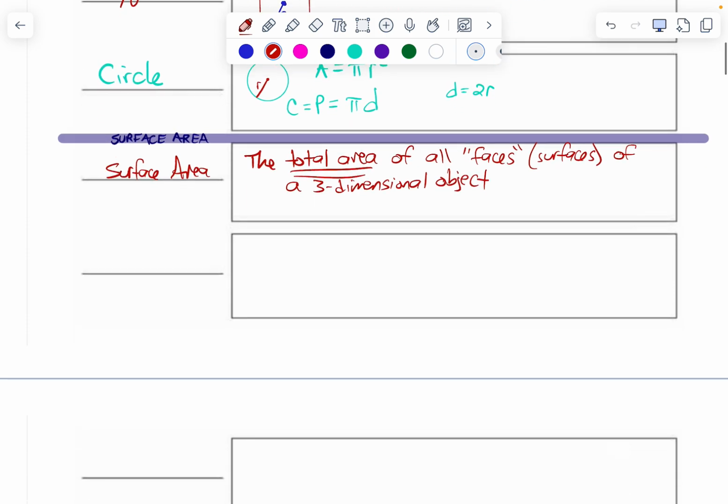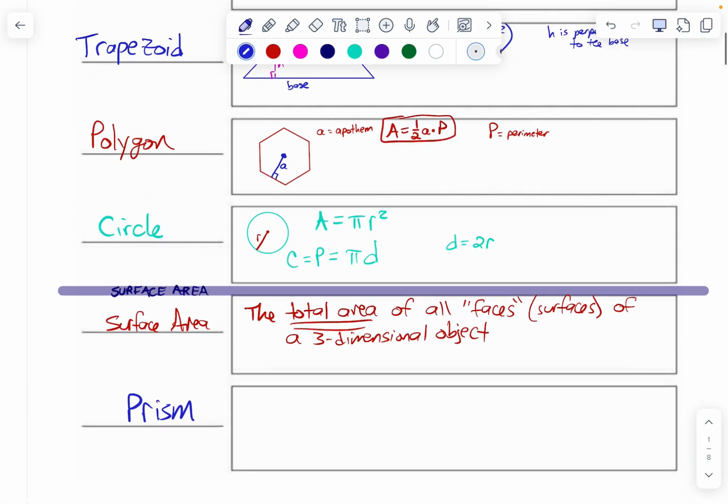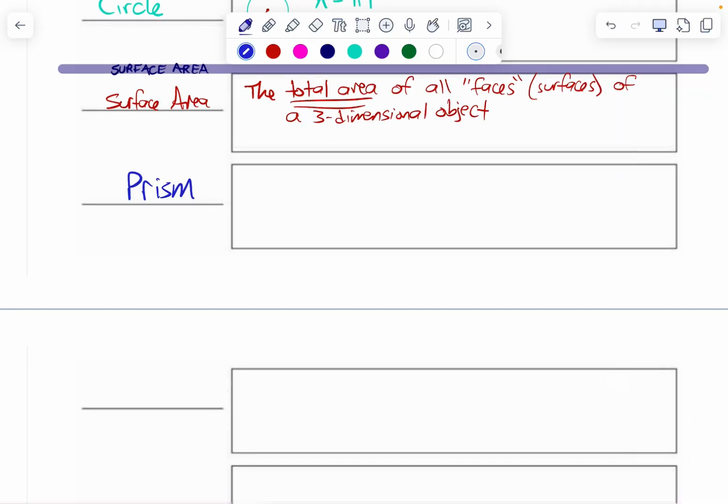Okay, so what is a prism then? Specifically, these are going to be polygonal faces.